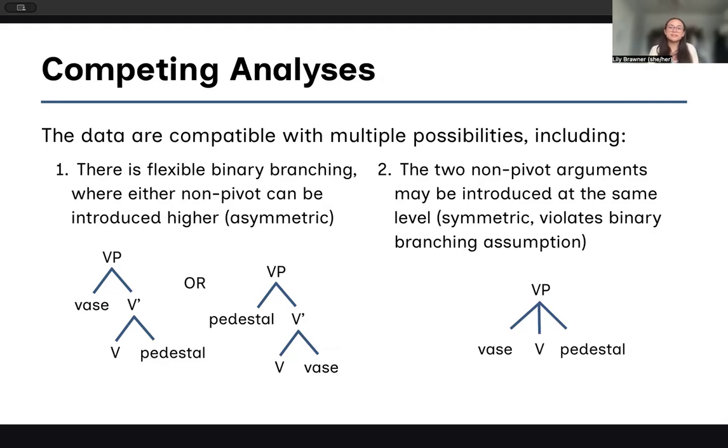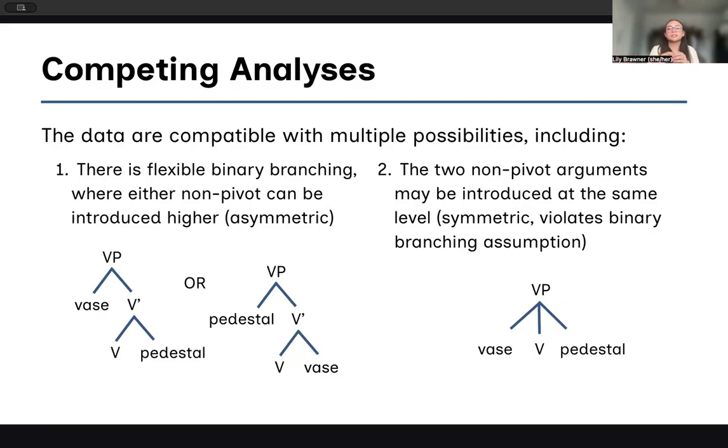A second possibility is a flatter structure, where the two non-pivots are introduced at the same level. That would be much more disruptive to the status quo, as so-called in syntax, because it challenges the assumption that syntactic structure must be strictly binary branching. But the data create an analytical choice here.